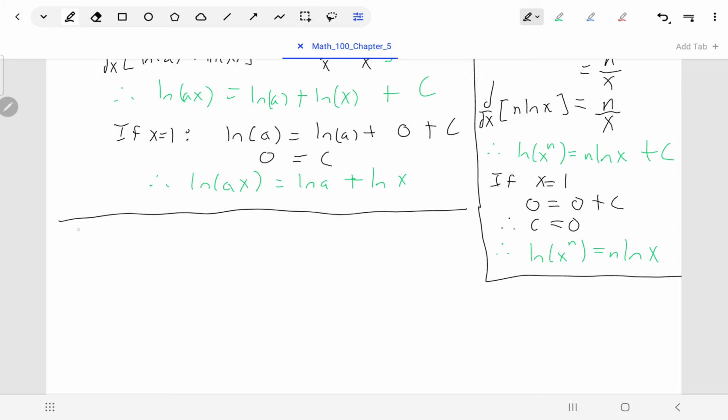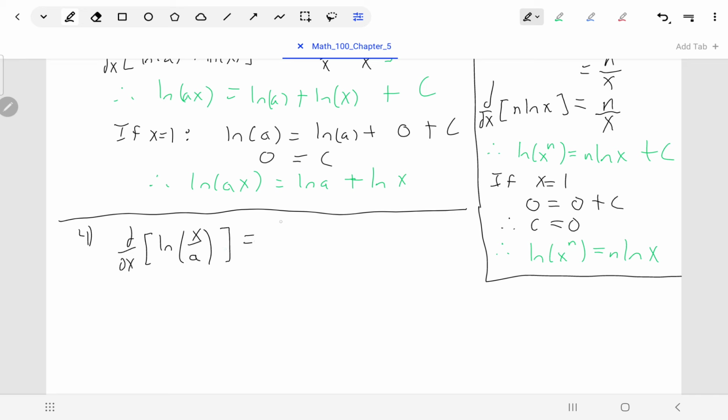Okay, property number 4, we're going to do much the same thing as we did for number 2. I'm going to start off again by looking at two little derivatives, showing that they're equal, then coming up with the same sort of conclusion as before. I'll look at the derivative of natural log of x over some number, a. That makes my life easier; number over x makes it worse.